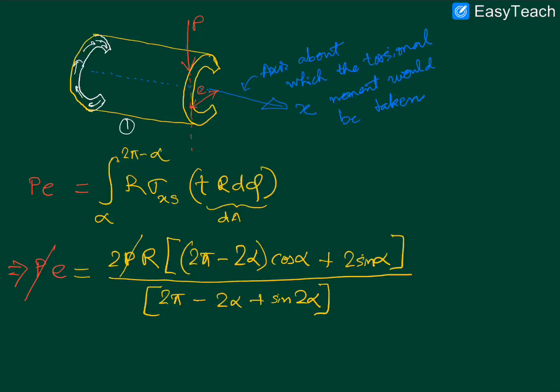So this is our answer. This E is denoting the distance of the shear center point from the x-axis.